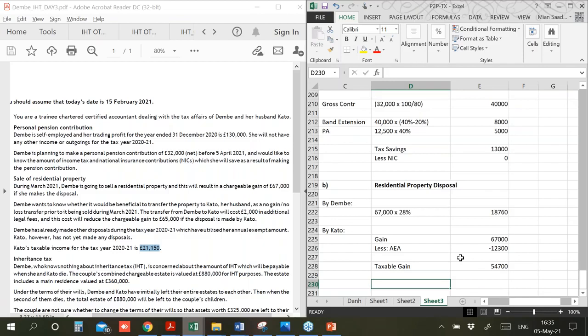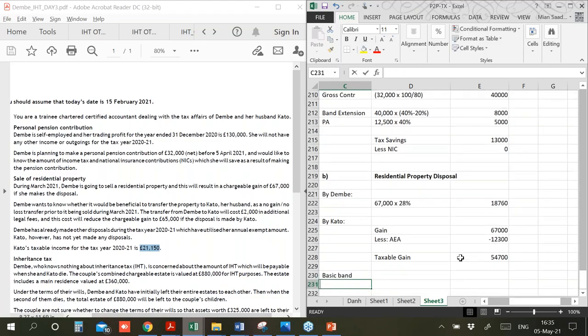Now to calculate the rates for CGT, we first have to check what is the basic band left and what is the higher. For the basic band, the total basic rate band is 37,500. However, his taxable income was 21,150.